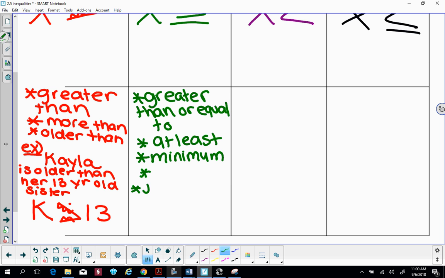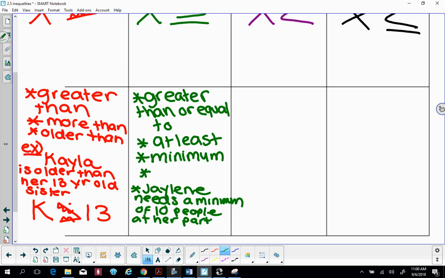So Jaylene needs a minimum of 10 people at her party. So here's people at Jaylene's party.